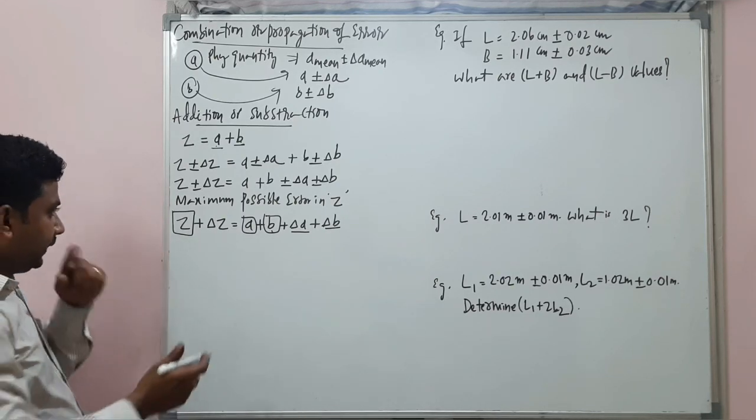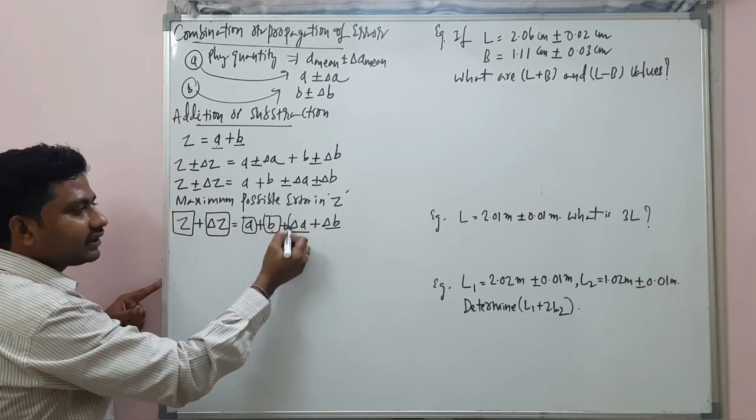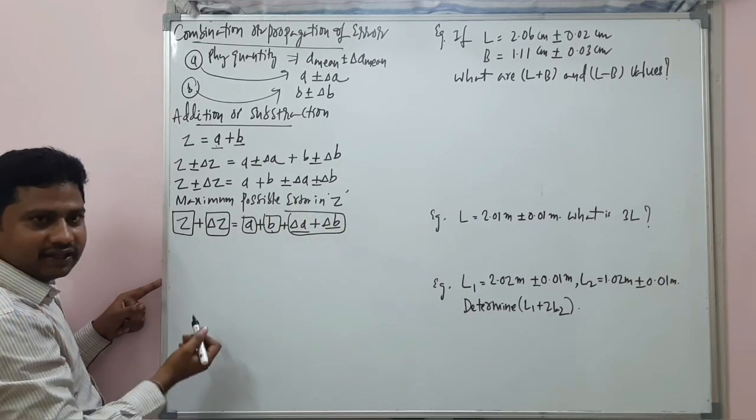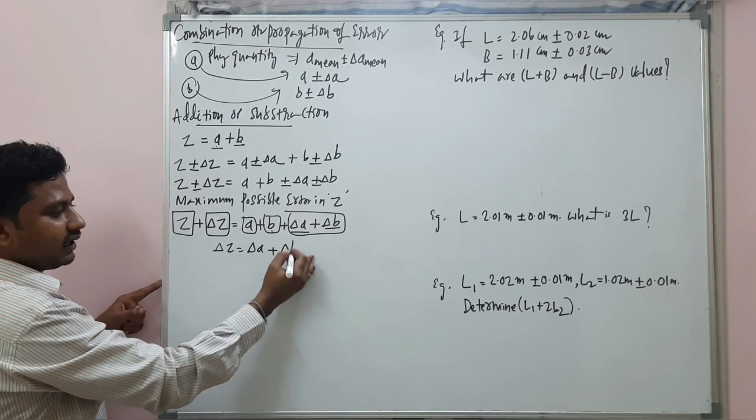Right? So finally, what is this delta Z? Can I write it like this? Yes, delta Z is equal to delta A plus delta B.